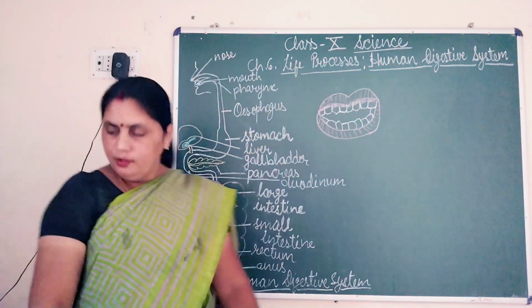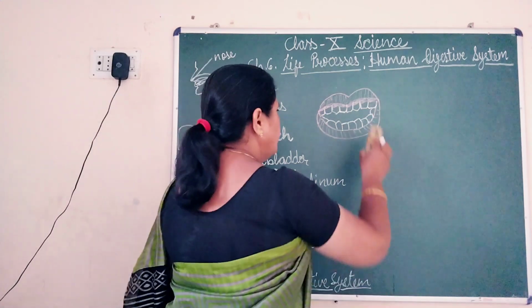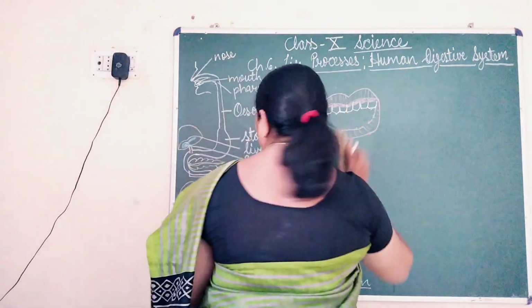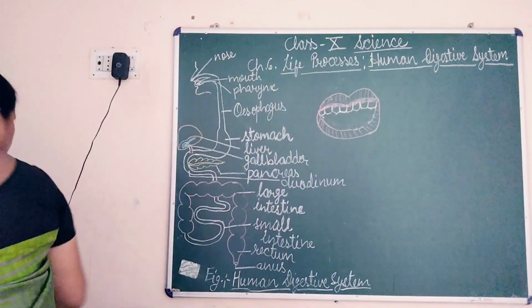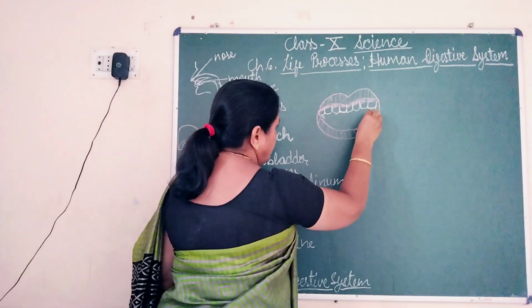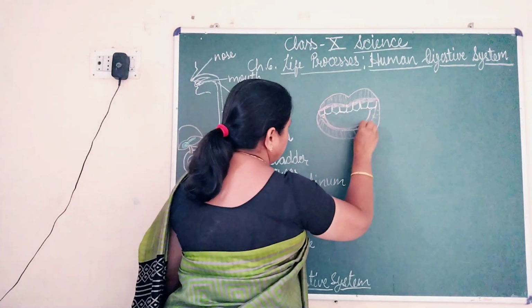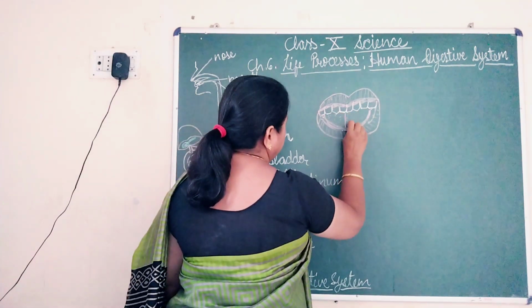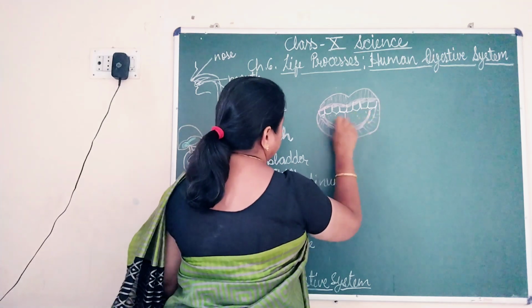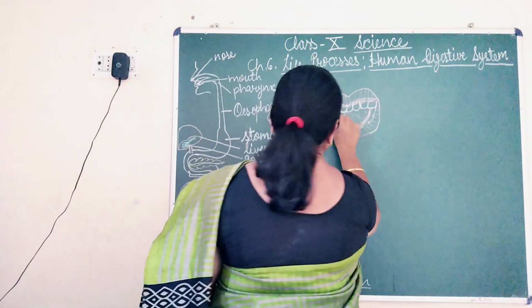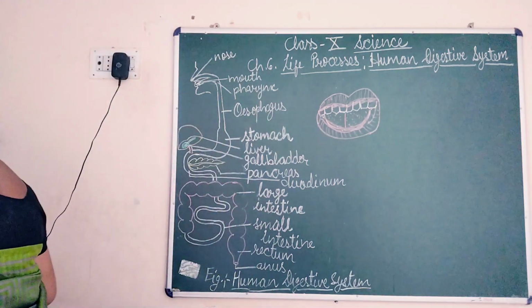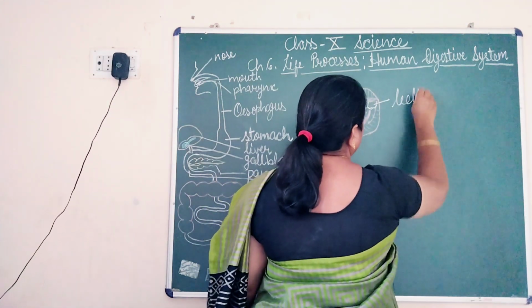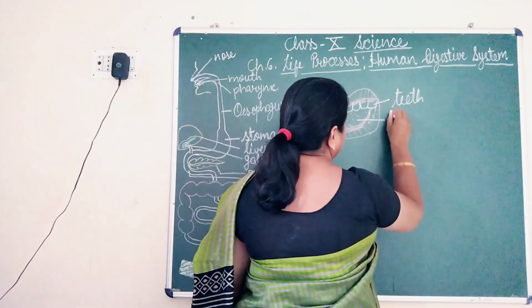Now if I remove these teeth so that we can see the tongue also, because the tongue is also there inside our mouth, here I draw the tongue also. Here is your tongue. So the lower teeth are covered by this tongue. Teeth and tongue.